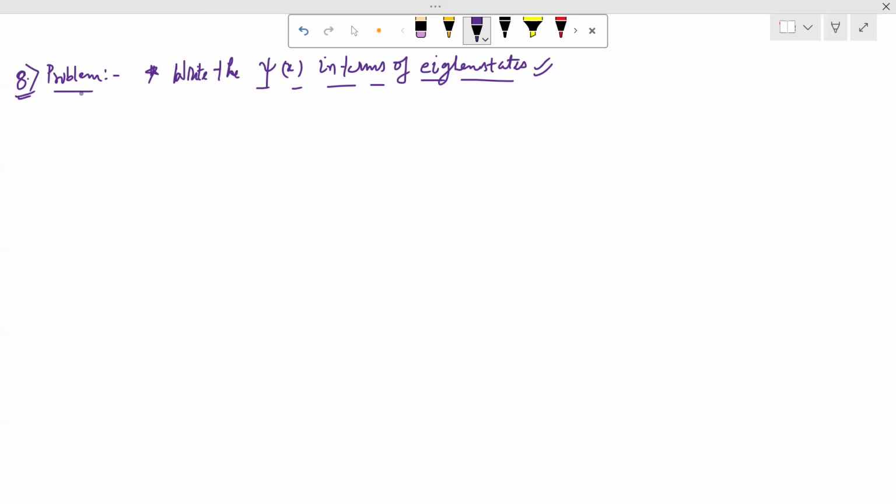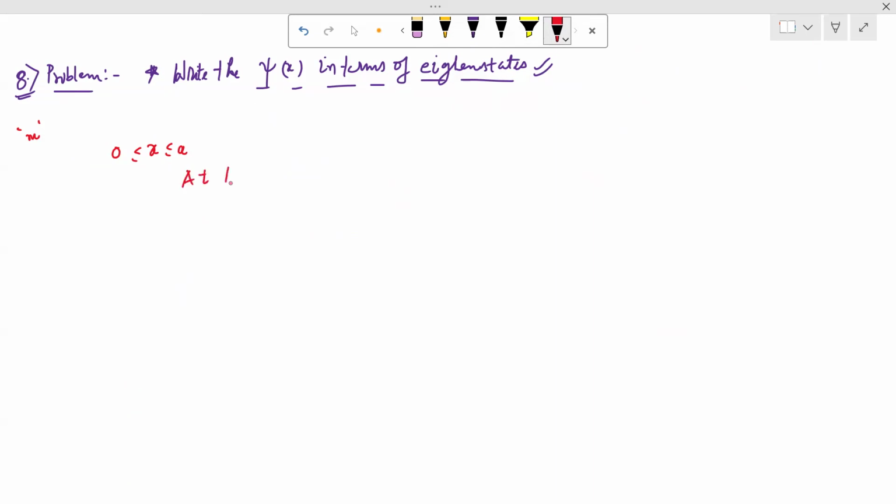I hope till now everything is clear. Now let us do a problem, and then we'll be able to understand what I wanted to say with the last point. Let's say I'm considering a particle of mass m which moves in a one-dimensional region x lying between 0 to a, at t equal to 0.